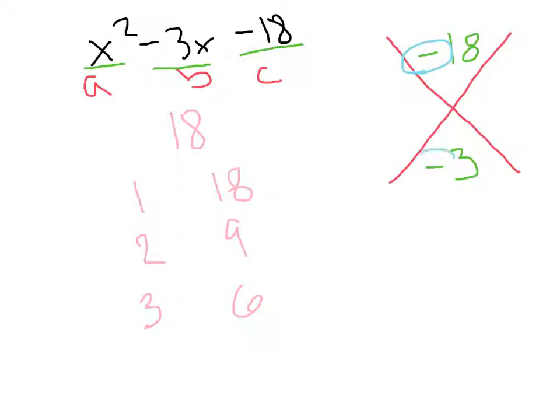And because the 3 has a negative, it means the higher number has a negative. So it'd be negative 18 plus 1, which is negative 17. Negative 9 plus 2 is negative 7. Negative 6 plus 3 is negative 3.